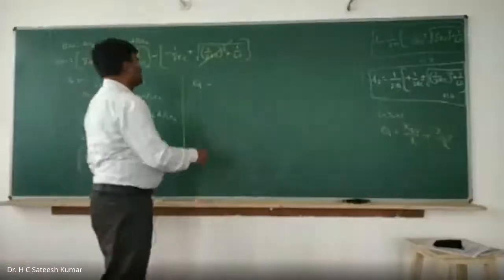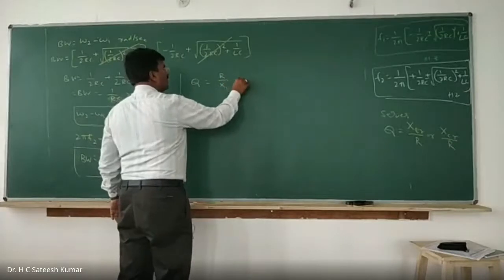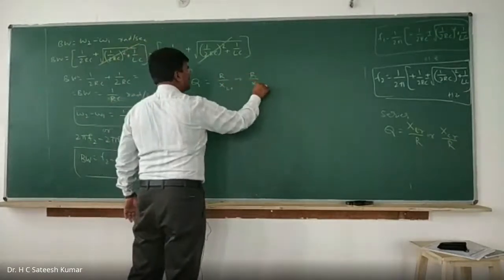So therefore, quality factor is equal to R divided by XLR or R divided by XCR.